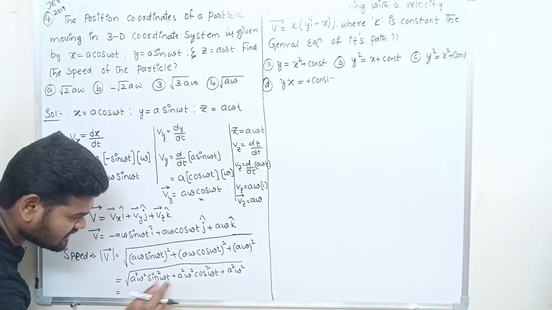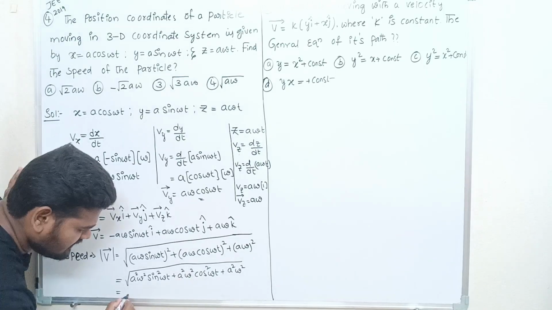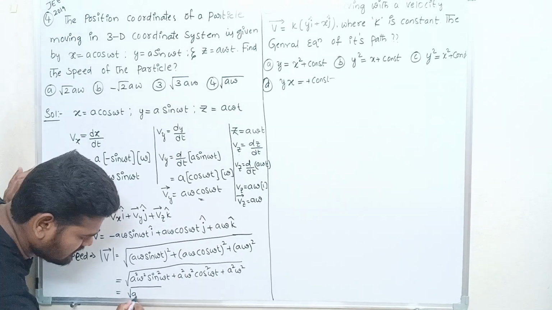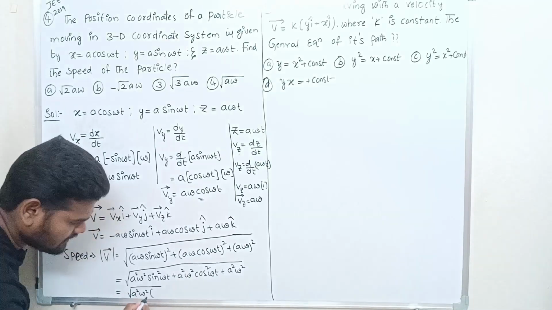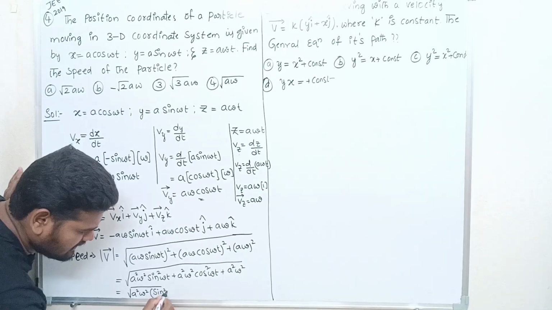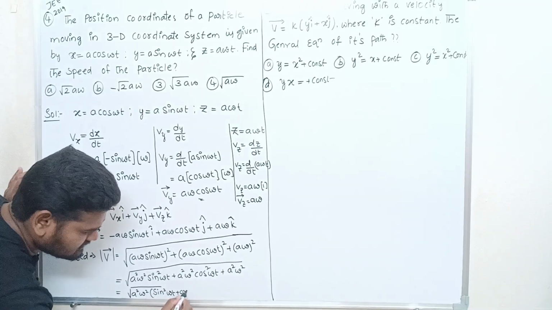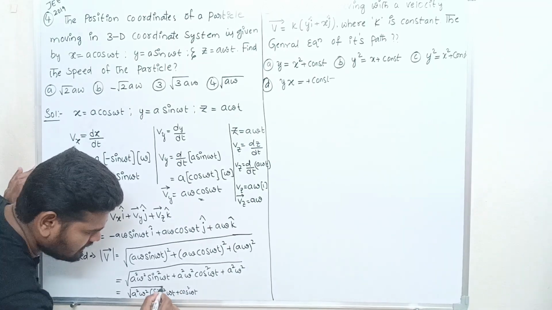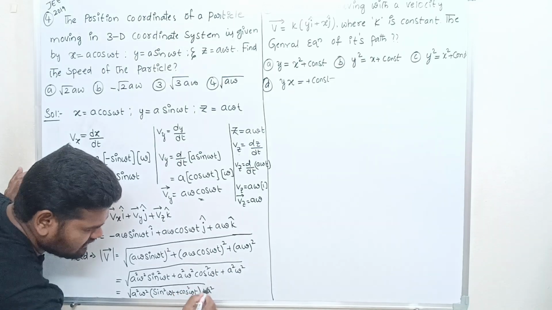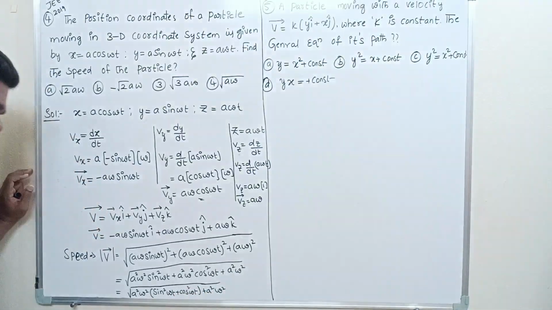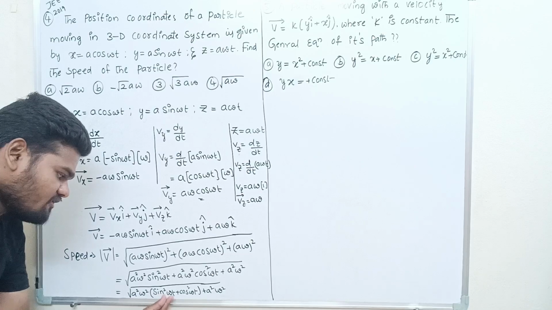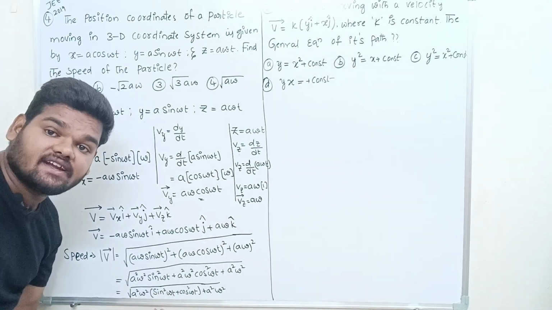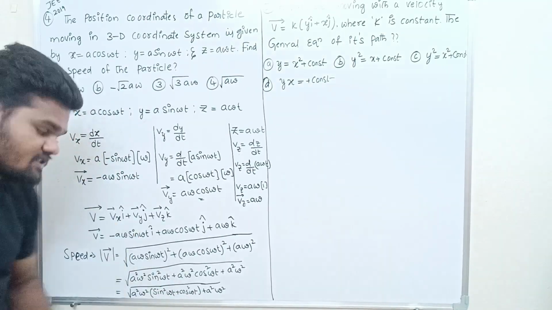If I take a square omega square common, then you will get sin square omega t plus cos square omega t, plus a square omega square. Sin square theta plus cos square theta, value is how much? 1.